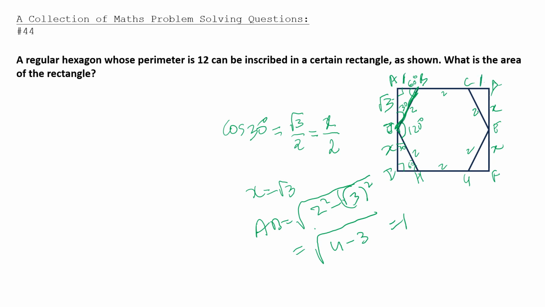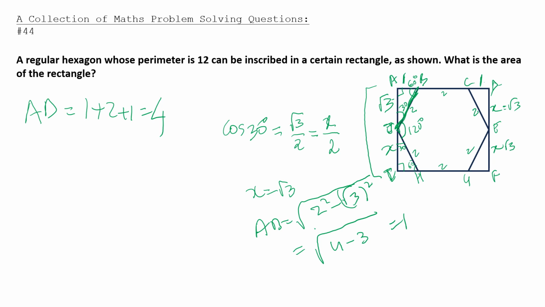So I know the side AD equals 1 plus 2 plus 1, that is 4. And the side AI, that is this side, is also root 3.